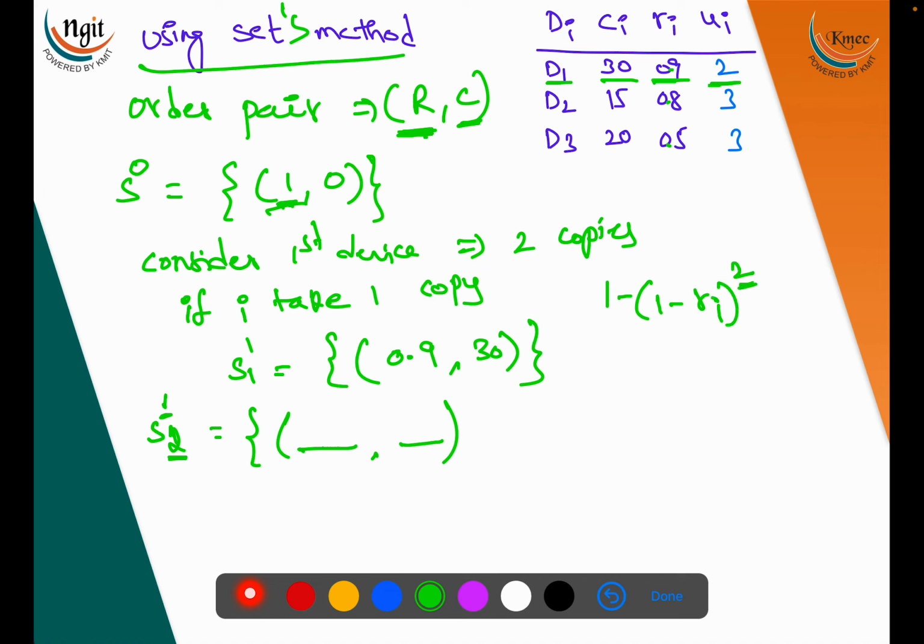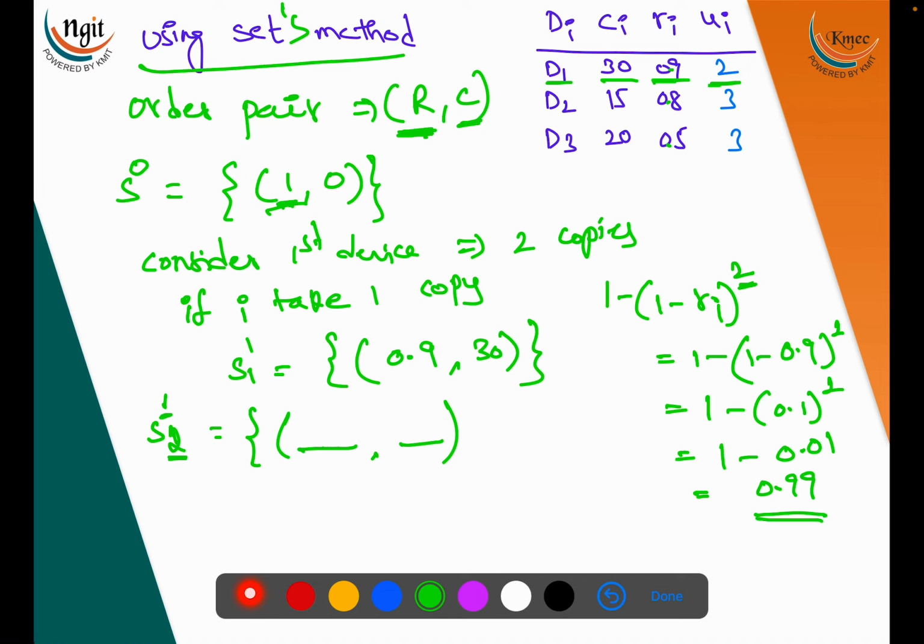This 2 represents that you are going to take 2 copies. That is 1 minus (1 minus 0.9) whole square, 1 minus 0.1 whole square, 1 minus 0.01, you get 0.99. So I am writing 0.99 here, and 2 copies means 30 plus 30, which is 60.